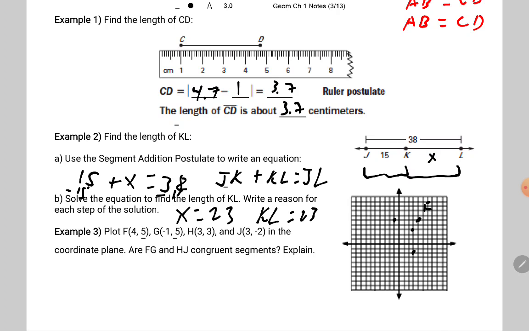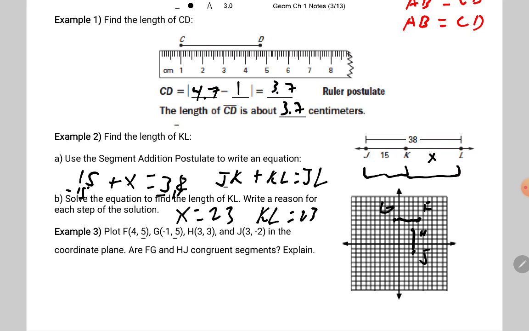So F, G, H, and J. Are FG and HJ congruent segments?